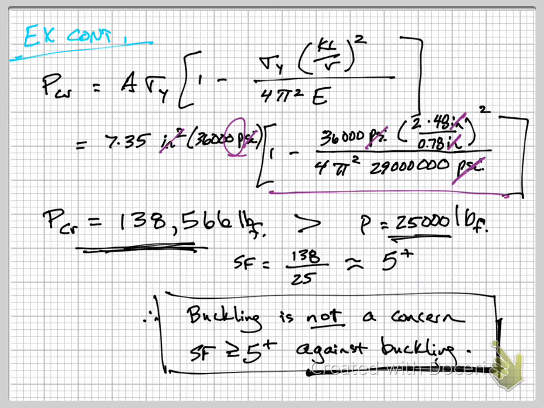Okay, I hope that's pretty clear. I'm going to wrap this up by sending you off to do your homework. Remember, you're going to need to determine if the column is a slender column or short. In order to do that, you have to calculate the slenderness ratio and the column constant.